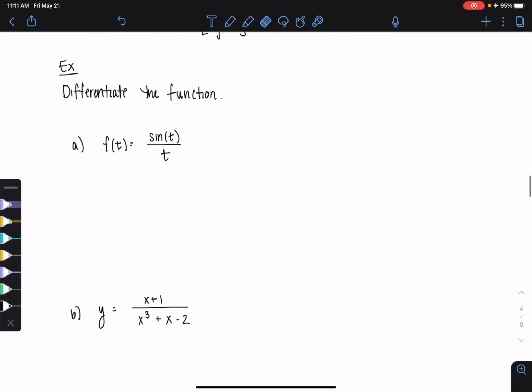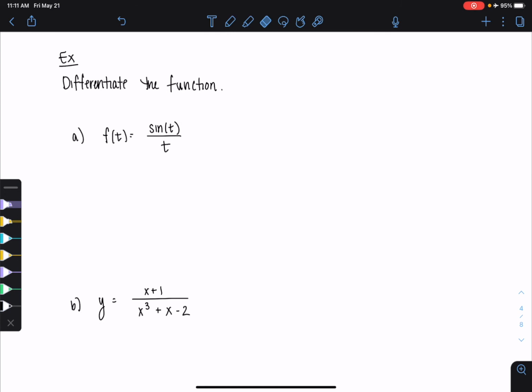So now that we've got the quotient rule, let's try some examples. Let's differentiate the function f of t, which is sine of t over t. So we're going to use that nice mnemonic to help us out.